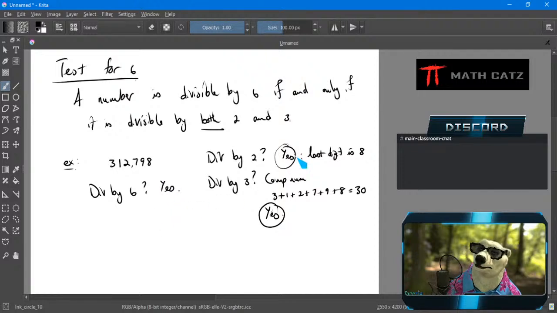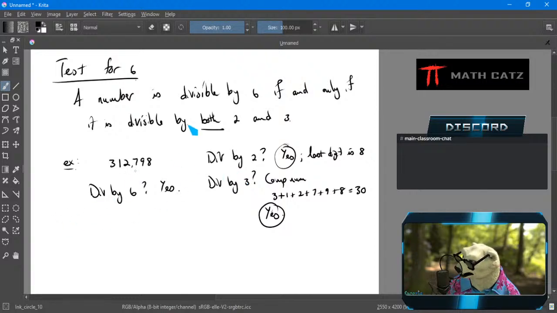But as soon as one of them fails, let's suppose I had a different digit here and my comparison number isn't divisible by 3 anymore, then even though it is even, it's not going to be divisible by 6 anymore. For 6, I need both 2 and 3 at the same time. Now, this isn't hard to remember, and certainly it has got something to do with the fact that 2 times 3 equals 6.